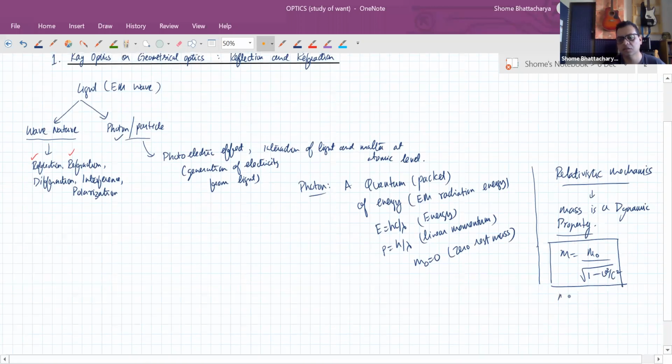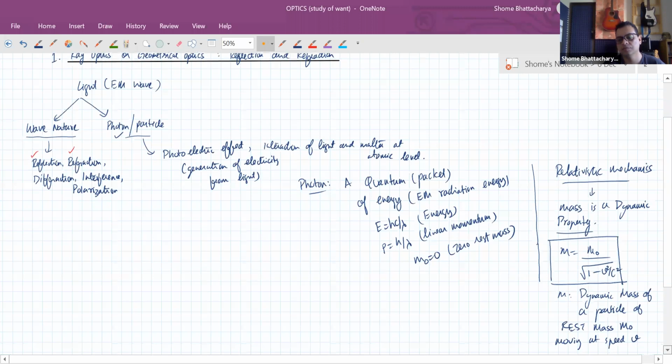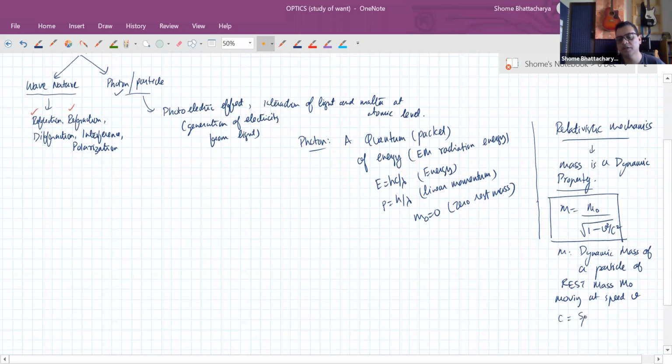Here c is the speed of light, so c is 3 into 10 raised to 8 meters per second.